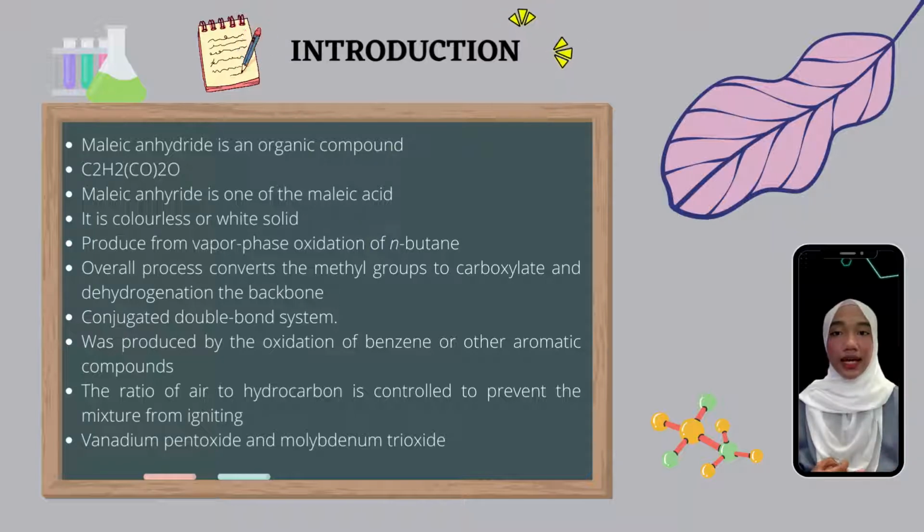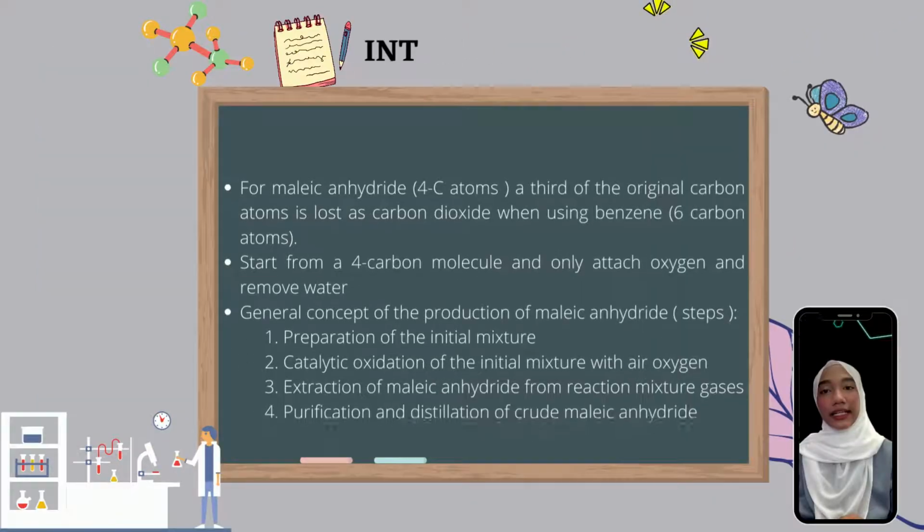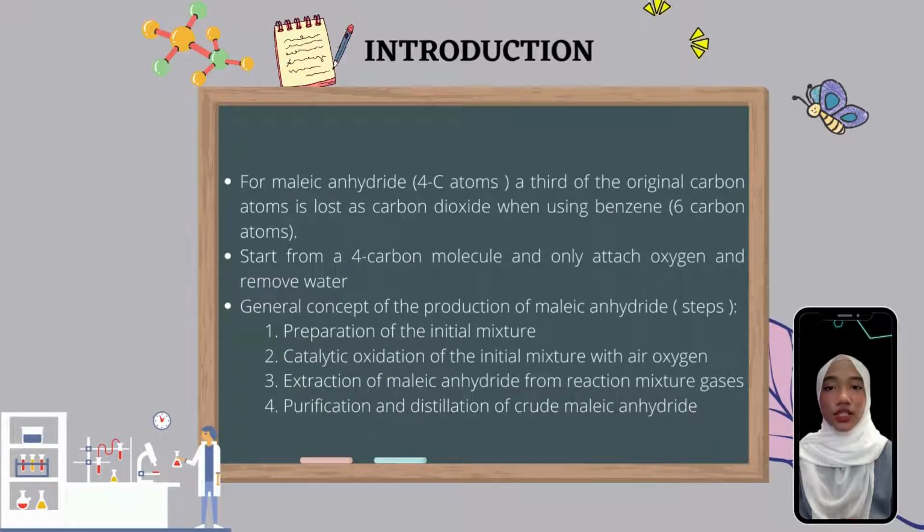Vanadium pentoxide and molybdenum trioxide are the catalysts used for the benzene route, whereas vanadium phosphate is used for the butane route. In addition, Maleic Anhydride has 4 atoms of carbon. A third of the original carbon atoms is lost as CO2 when using benzene, which has 6 atoms of carbon.